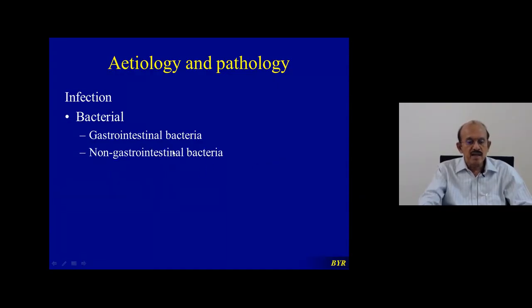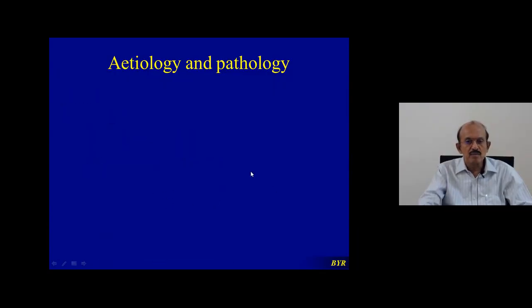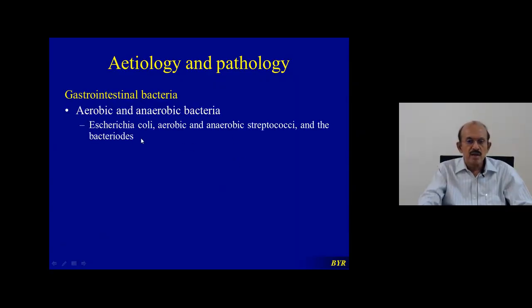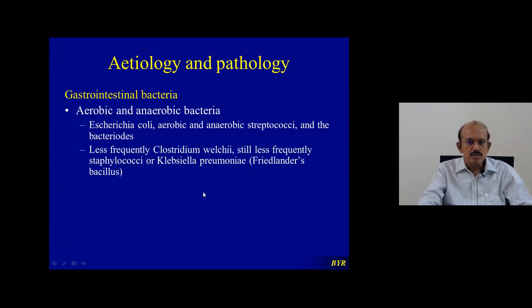And the bacteria can be from non-gastrointestinal sources; it may be viral. The gastrointestinal bacteria are aerobic and anaerobic organisms: Escherichia coli, aerobic and anaerobic streptococci, and the bacteroides. Less frequently Clostridium welchii, still less frequently staphylococci, Klebsiella pneumoniae.